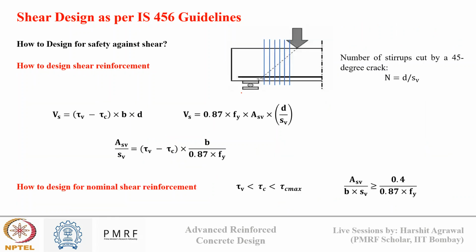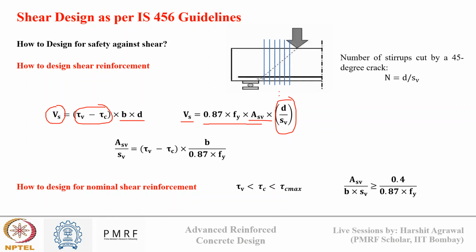Now how do we determine spacing? We know the amount of shear that the stirrups need to resist. So it is tau v minus tau c, times bd, which will give me the shear that the stirrups need to resist. And at a particular section, we can write it as equal to 0.87 Fy ASV d upon SV.